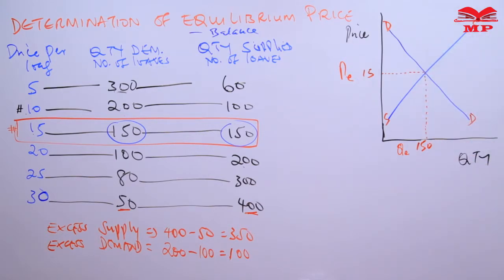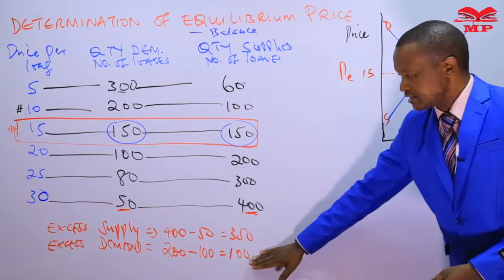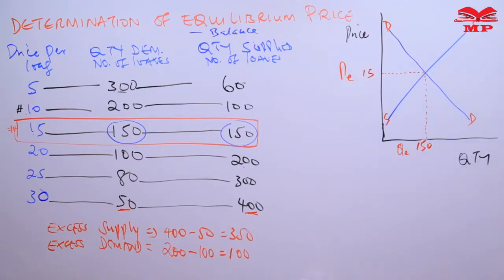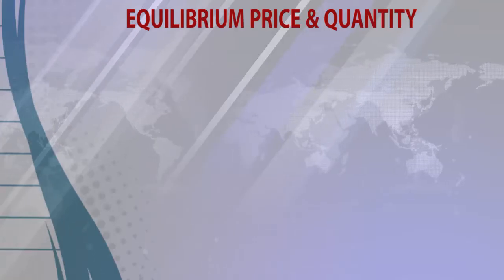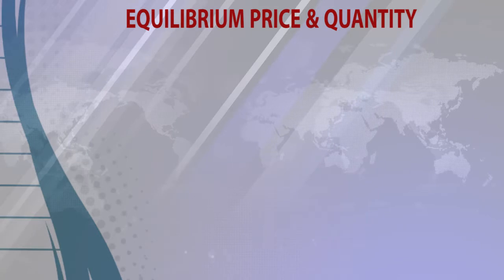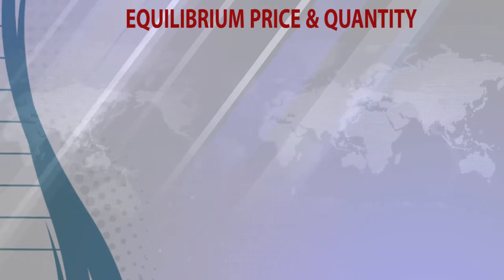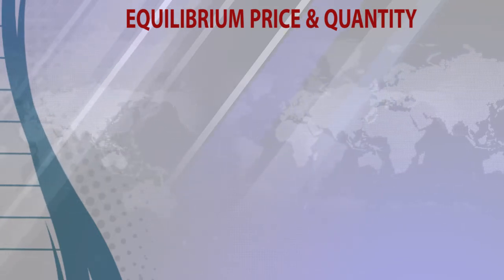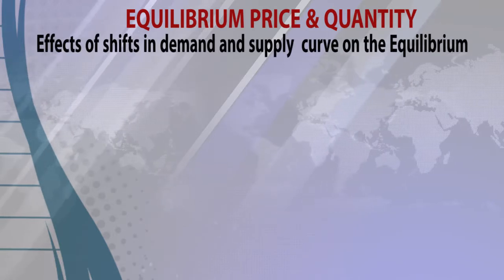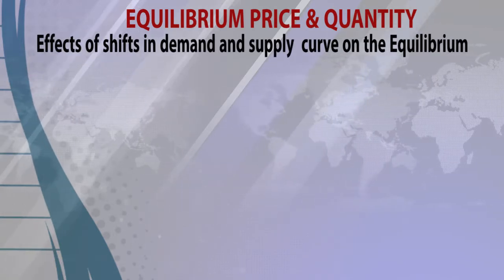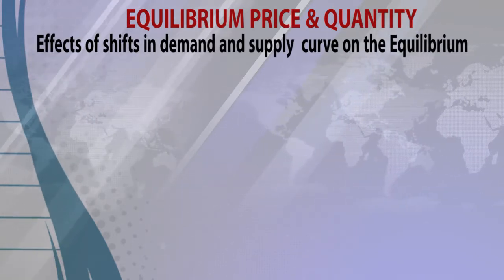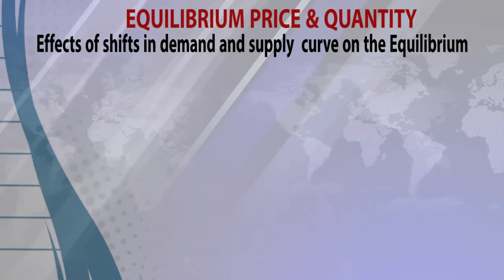And today we want to explain more as far as the excess supply and excess demand is concerned. We want to proceed from where we stopped. We want to look at the effects of shifts in the demand curve and supply curve on the equilibrium.